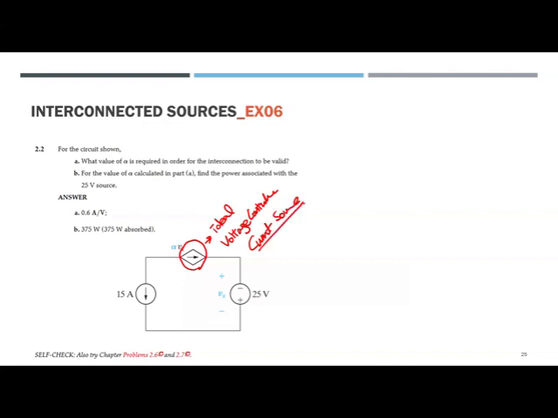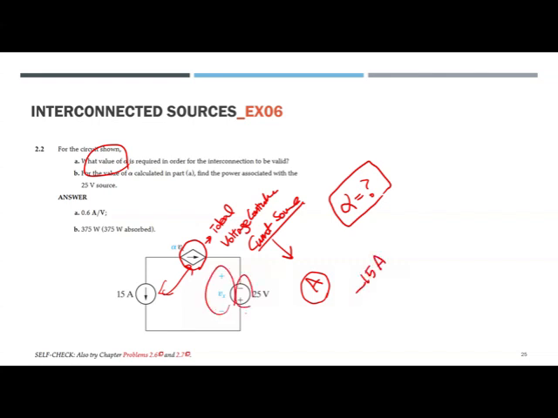So what are they looking for? We need to find alpha. That was the current source, the unit is A. The reverse direction is minus 15 amps.